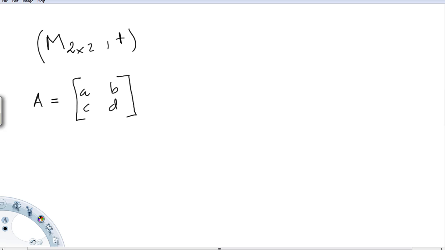I'm going to call this matrix a1, b1, c1, d1, and I'm going to get another matrix, a2, b2, c2, d2.